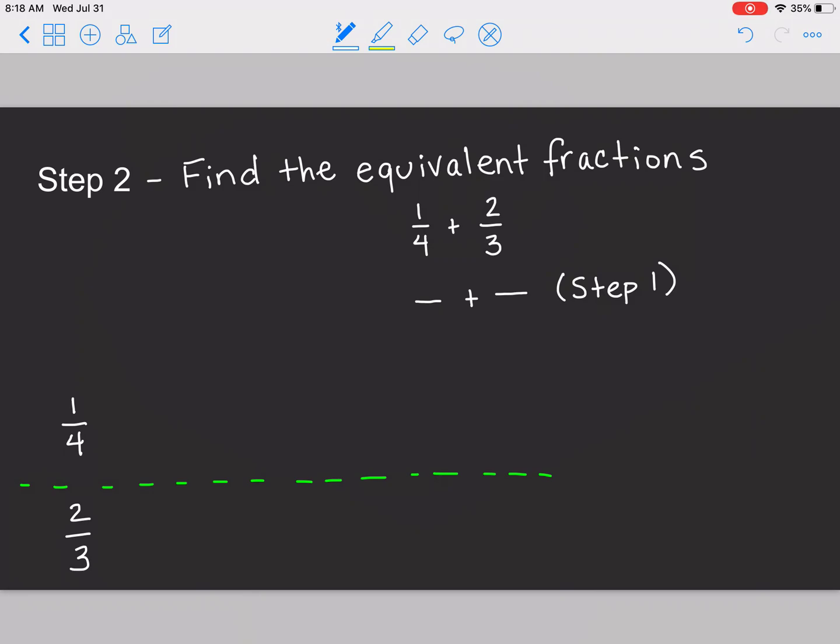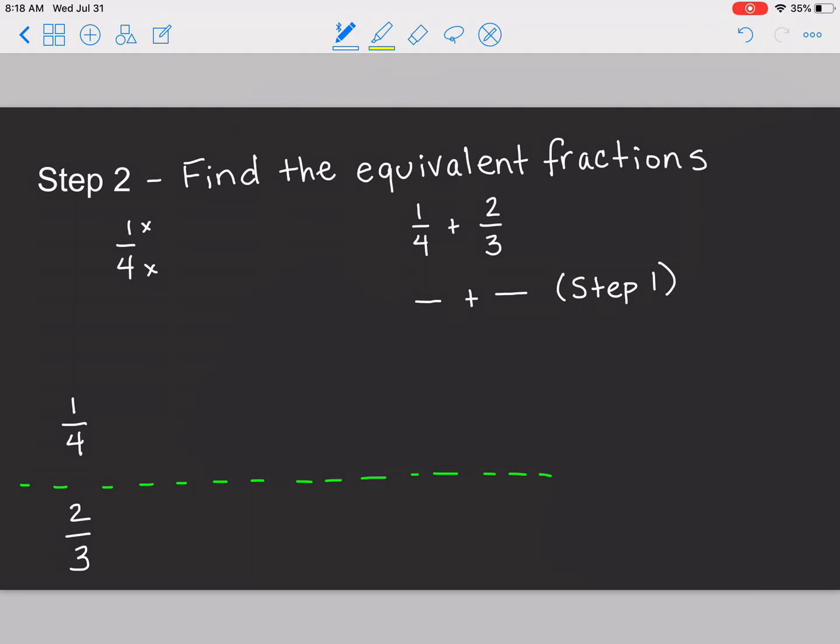Now, when you're creating an equivalent fraction, and I'm going to use 1/4 as an example, I have to multiply both the numerator and the denominator by the same number.